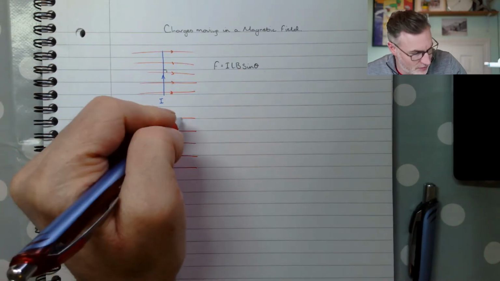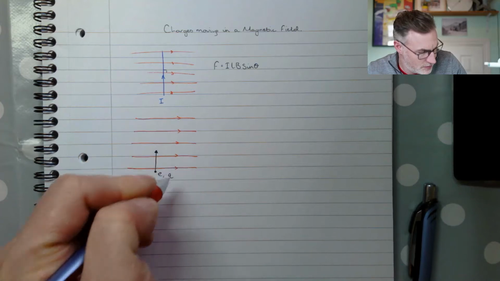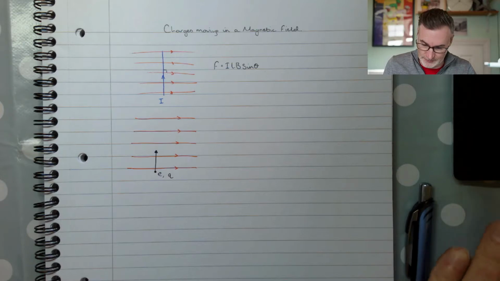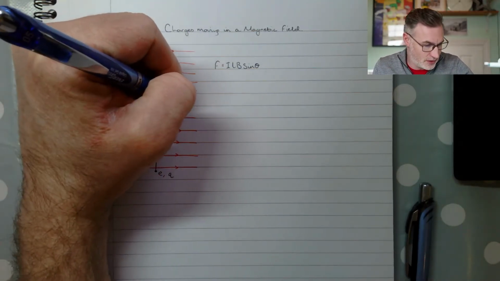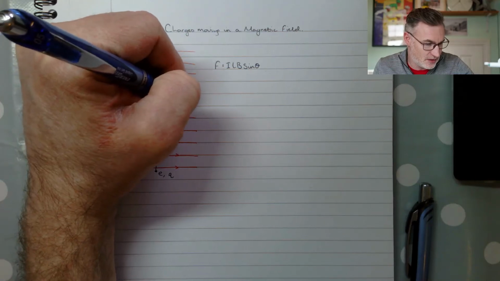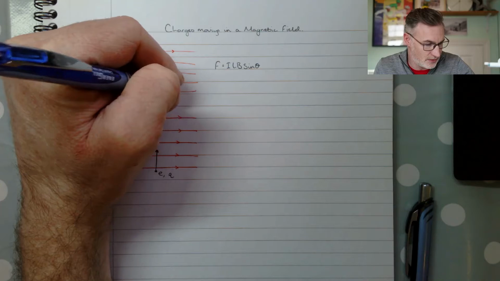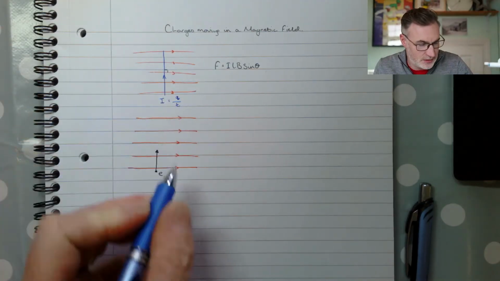It can have the same magnetic field as we did before. Now if you actually think about what current is, current in a wire is the flow of charge per unit time. So I equals Q over T.